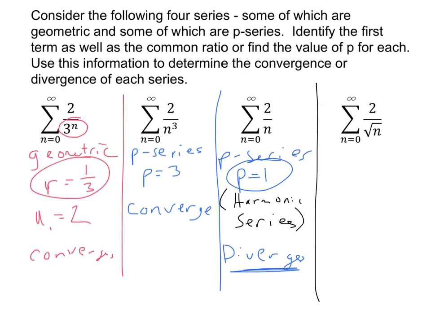Okay? The last one that we have here, if we thought of this expression as being 2 over n to the 1/2 power, then we could pretty clearly see that this is another p-series, and it's a p-series for p equals 1/2. So once again, because that p-value is less than 1, this is going to diverge.